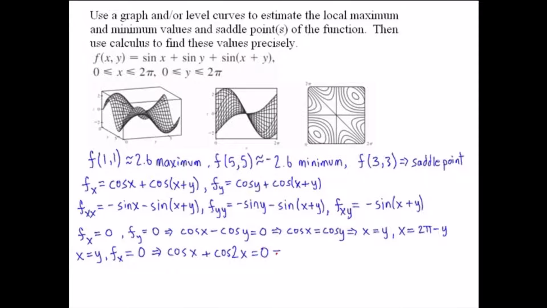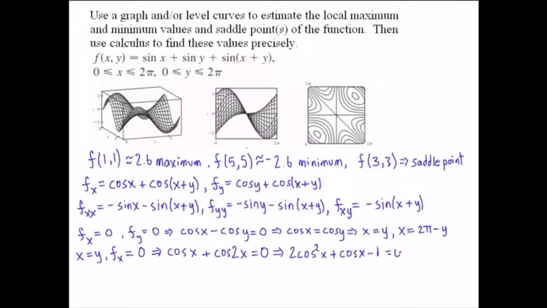This can be written as 2 times the cosine squared of x plus the cosine of x minus 1 is equal to 0.